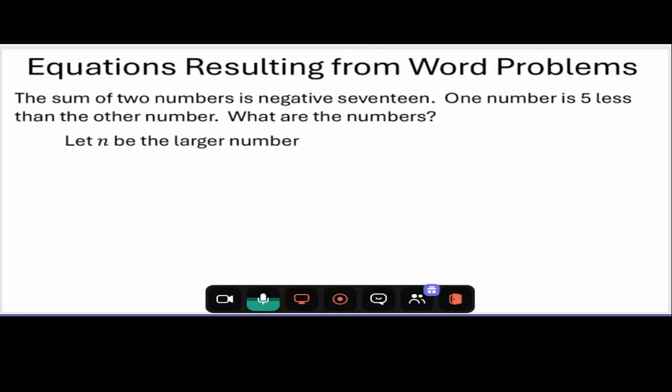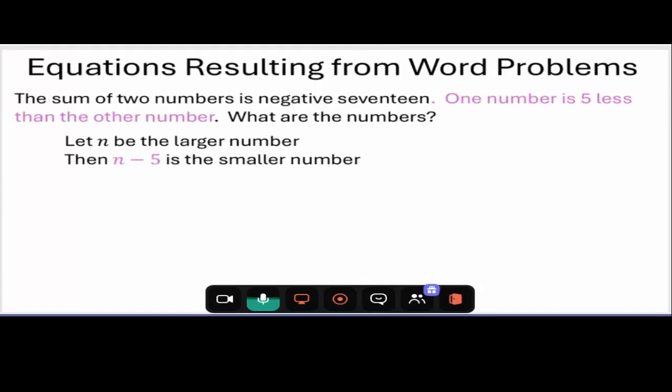And you often hear one to say let n be equal to either the smaller number or the larger number. I'm going to say the larger number here because it says one number is 5 less than the other number. So clearly one is smaller than the other. I'm going to let n be the larger number. And what that means is that the other number is n minus 5 because it's 5 smaller.